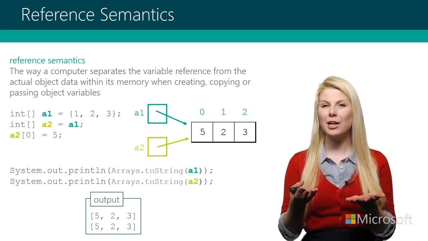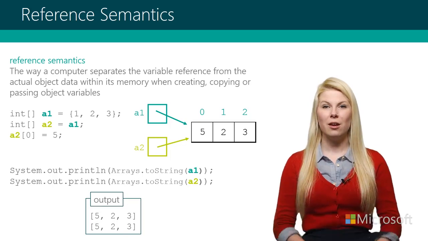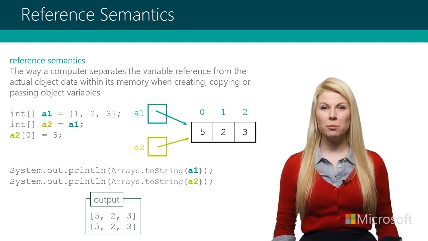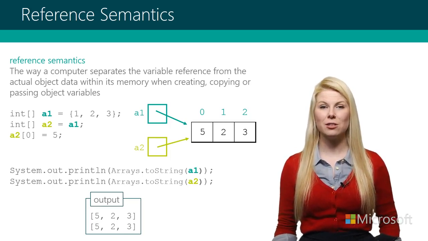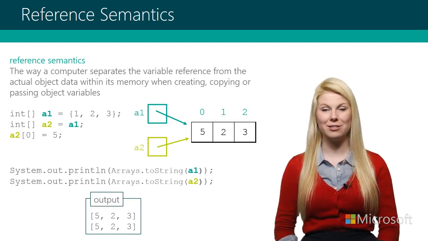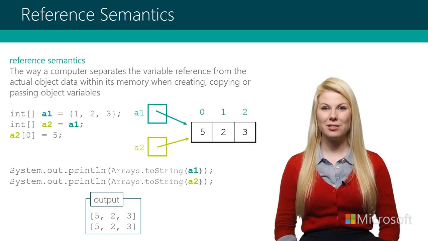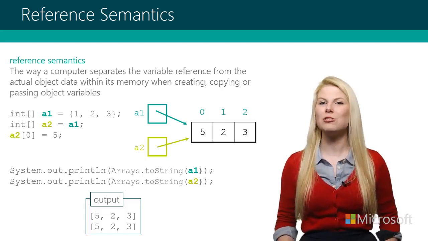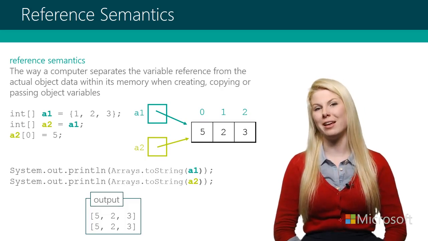Again, they're two addresses for the same thing. You could kind of think about it as an address to a house. Maybe multiple people have the same address to a house. So if you tell one to drive to that house and paint it, if the other person drives to that house, they're going to see a different paint color. You didn't copy the house, you just copied the address for where it is.